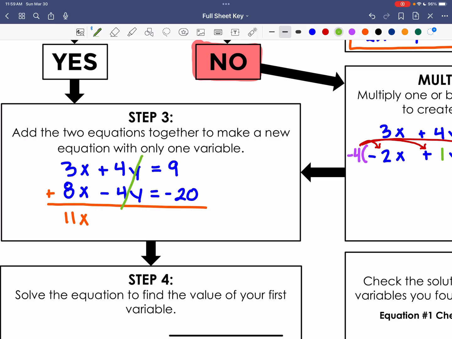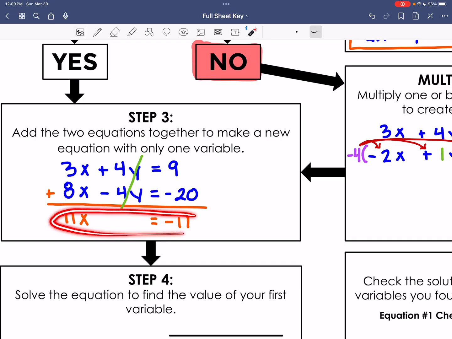Eliminated. And then for our constants, 9 plus -20, that's the same thing as 9 take away 20. That equals -11. And I like this a lot more because up here we had two equations with two variables. And now I have one equation with one variable, which should be able to be solved in like one step.